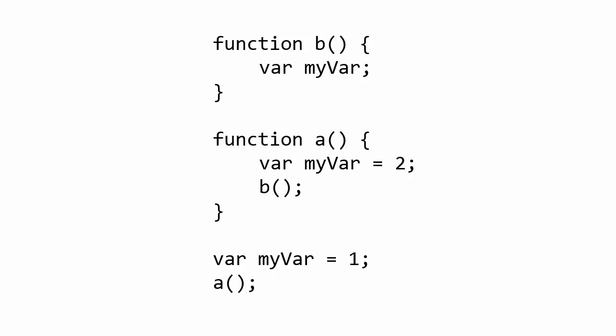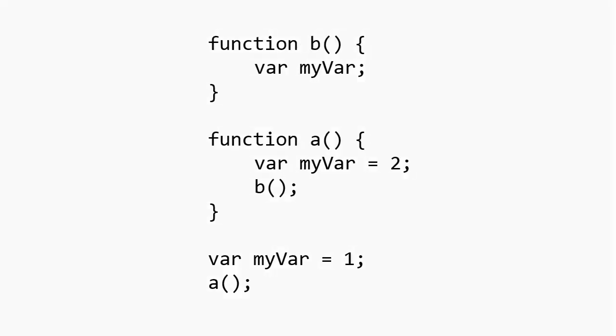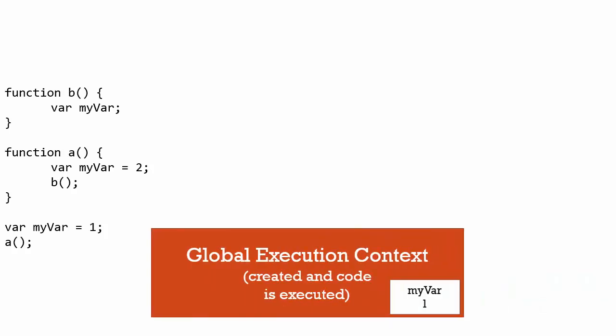What is the value of myVar at any point in time? To answer that, we need to think again about execution context. What's happening as these functions are invoked? So, at first, what happens? The global execution context is created, and so that bottom myVar is put into memory space.